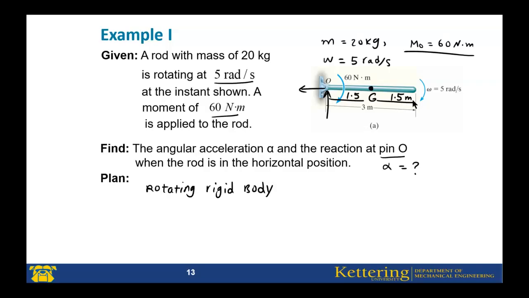Because this one is rotating, if you follow the path of G over time, it will be on this curve. This will be the tangential direction. This will be the normal direction.